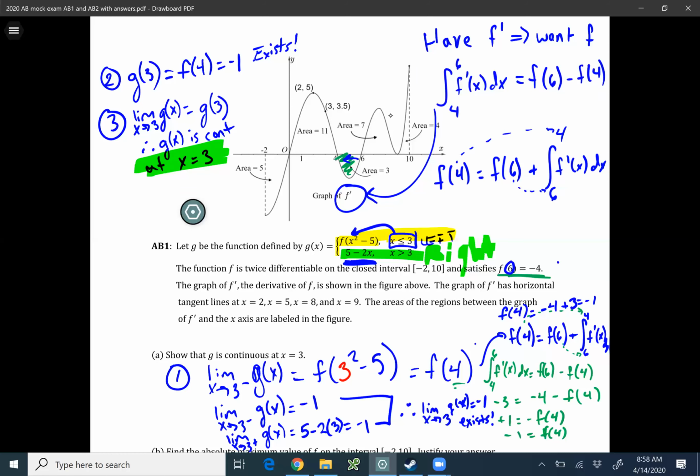But yeah, the reason we're taking an integral is because we had f prime, and the reason we use 4 and 6 is those are the 2 x values, either one of them that we know and the other one that we want. What other questions do we have for part A? I think that was probably the hardest part right there, was just figuring out that f of 4.